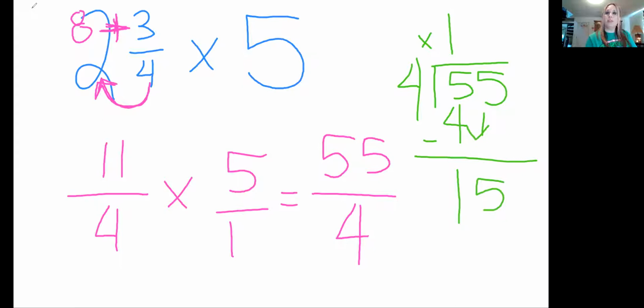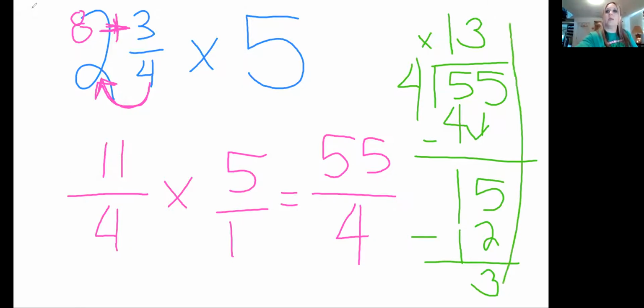Can 4 multiply by something to get to a product of 15? No, but I can get close. If I multiply 4 times 3, 4 times 3 is 12. Subtract. Do I have remainders when I am creating mixed numbers? No. My remainder becomes my numerator, and my divisor becomes my denominator.